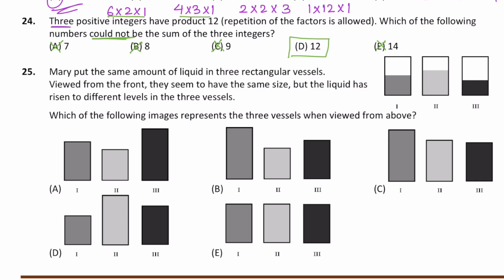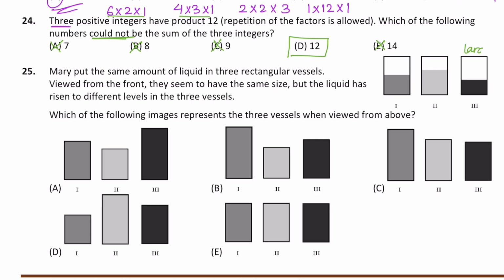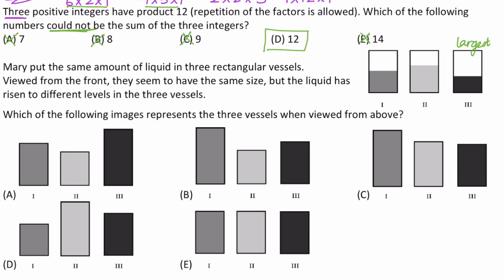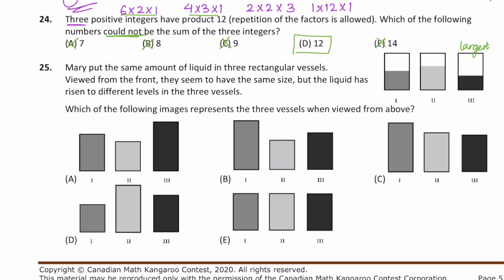So I can say that the black liquid over here is the smallest, right? From the view that I have, that means it's the largest vessel, because the length of the water decreased. The light gray one is the tallest over here, that means the vessel will be the smallest.